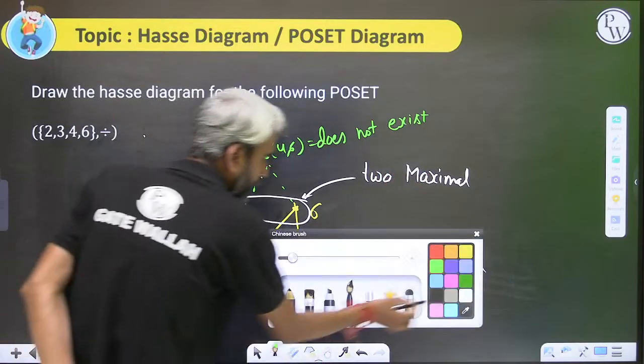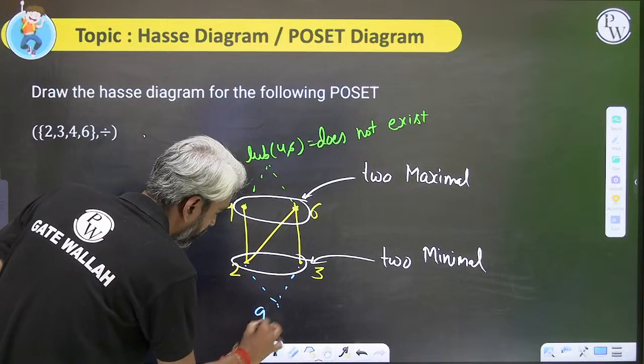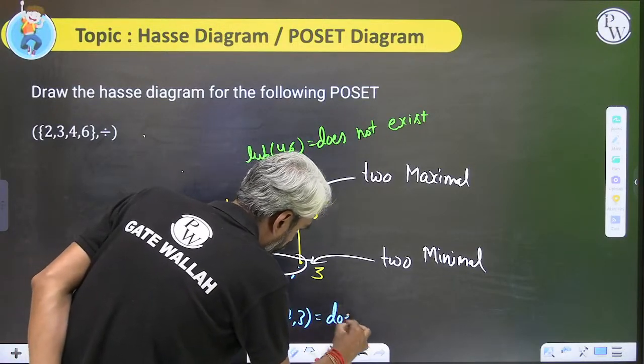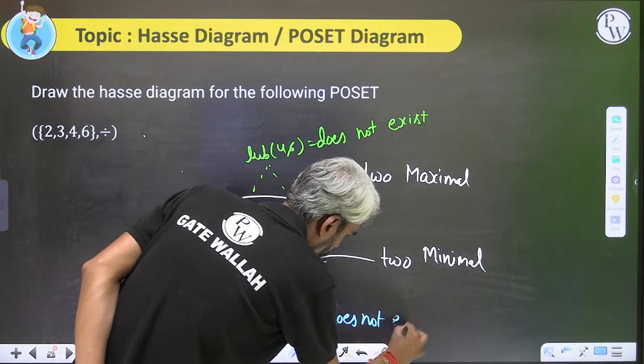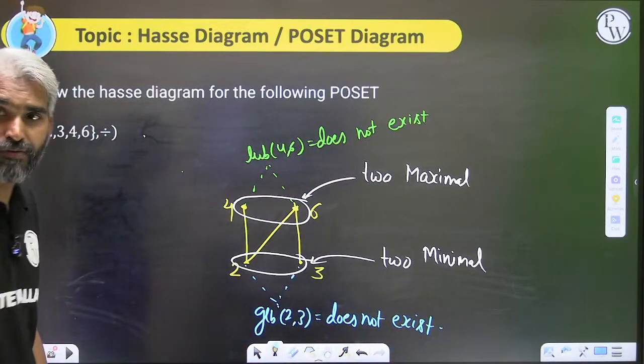Sir, where exactly do these two elements 2 and 3 meet each other? Sir, no element. So the greatest lower bound of 2 and 3 does not exist. So in our poset, what is actually happening?